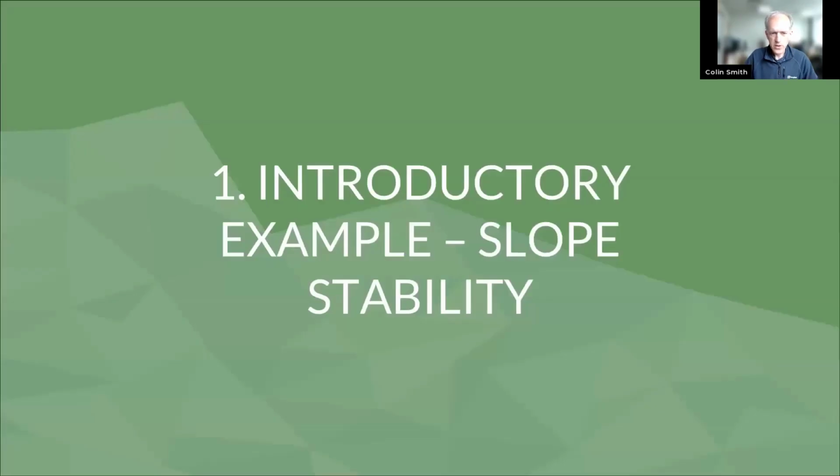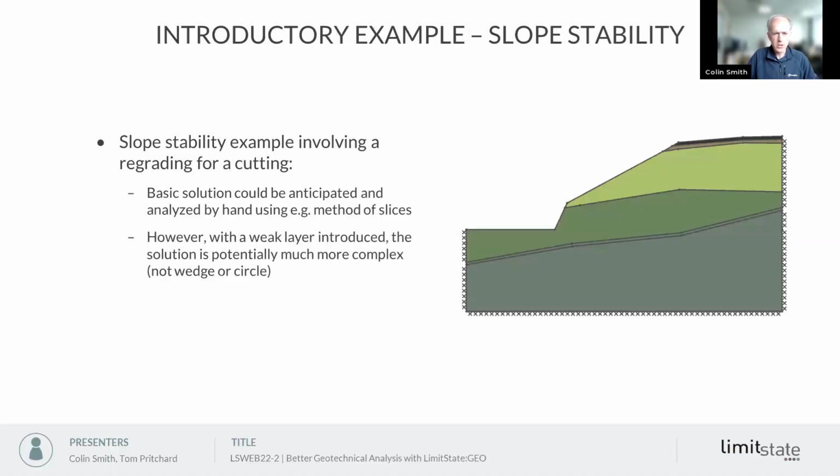So we're going to kick off with an introductory example on slope stability. And this is adapted from a real case study. Essentially, we have a slope stability problem involving regrading of the slope for a cutting. Now, we could anticipate that the sort of failure we'd expect is probably going to occur around that steeper portion of the slope.